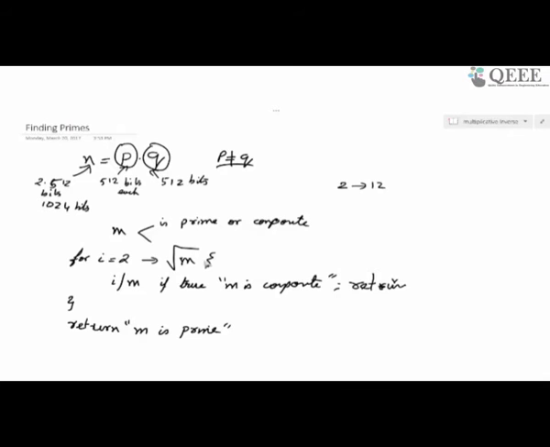Then much later we also tried a few tricks. Instead of going till m minus 1, we said, let's go till square root of m, and this would be sufficient to find out if a number is prime or not. And then a better algorithm: instead of checking everything, we only check the numbers which are prime. So instead of running a loop through 2, 3, 4, 5 till square root of m, we run a loop for all primes i which are less than square root of m.